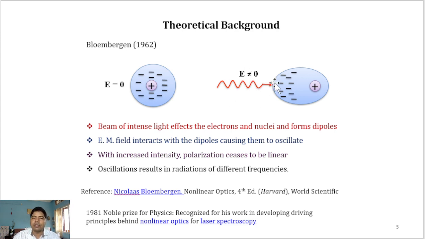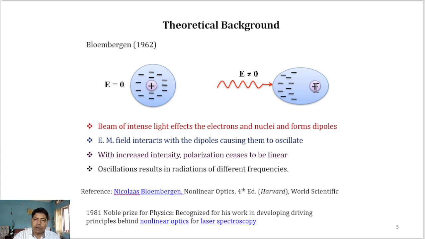When an electric field is introduced into this medium, the atom changes its shape, with the negatively charged particle taking one side and the positive charge the other side, producing a dipole moment. It forms dipoles. So the electromagnetic field interacts with the dipoles, causing them to oscillate.